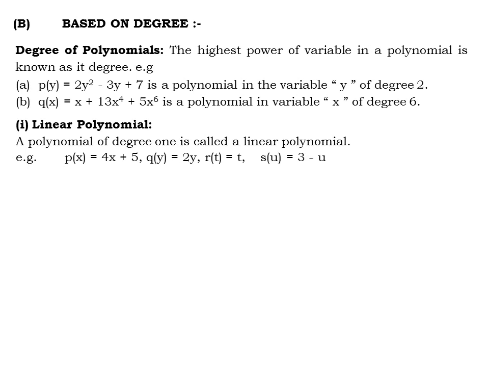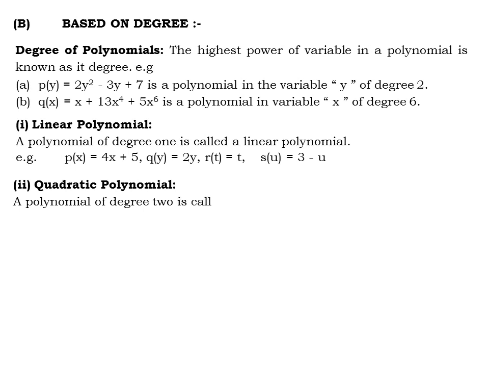This type of polynomial is called linear polynomial. Second type, quadratic polynomial. A polynomial of degree 2 is called a quadratic polynomial. Examples are x square plus 5, 5x square plus 3x plus 5, x square plus x.